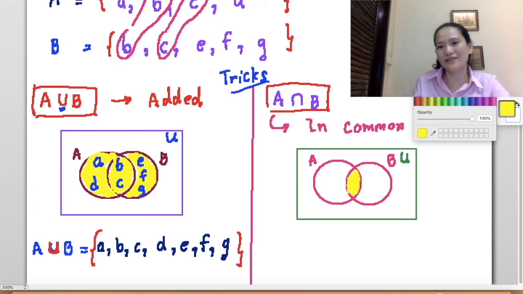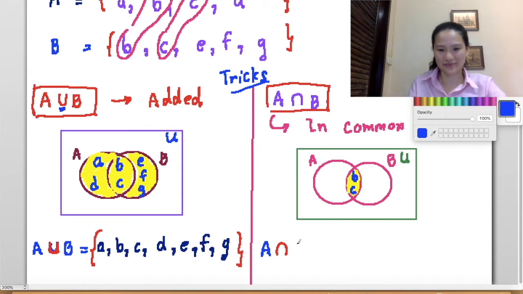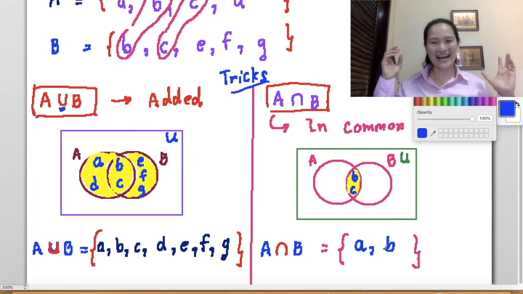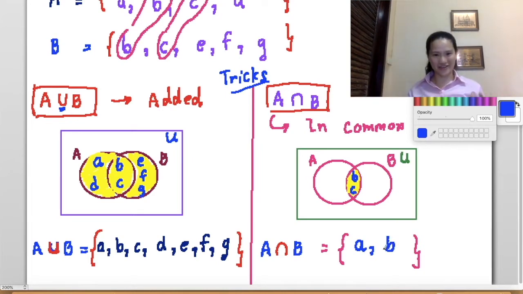You remember intersection, and the answer is B and C. So your answer for A intersect B is the set of B and C, and here is your answer.